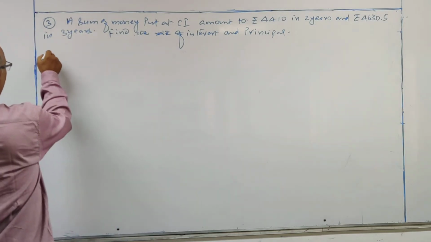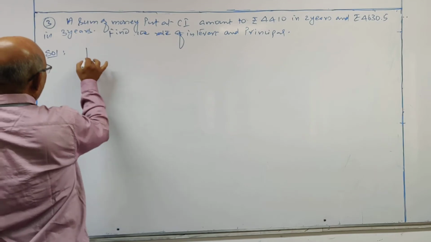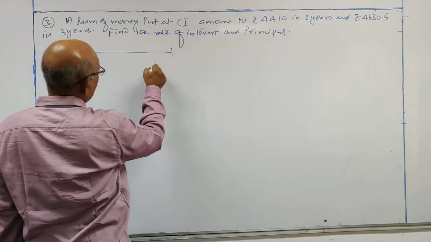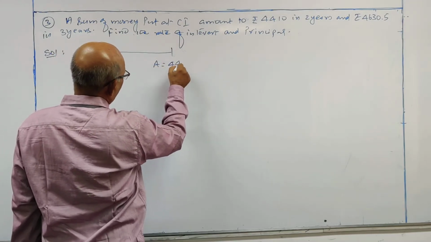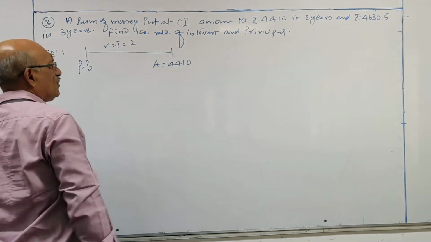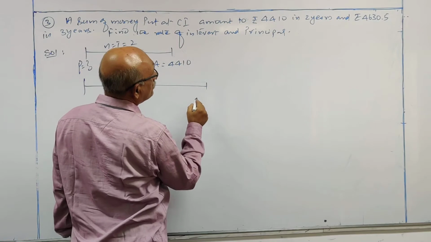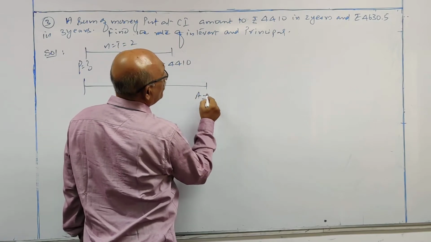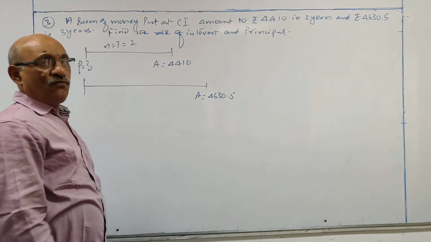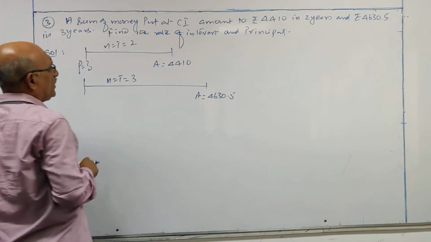Look at the solution part of this. First, let me represent it on the time scale diagram. Principal is question mark. Amount is equal to 4410. N is equal to T is equal to 2 years. Amount is equal to 4630.5. N is equal to T is equal to 3.